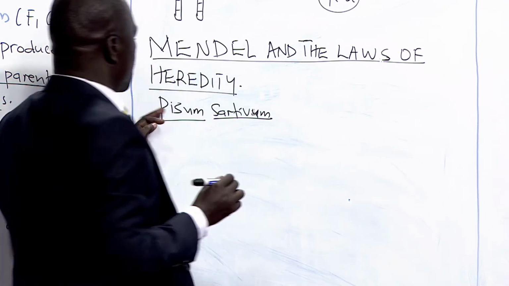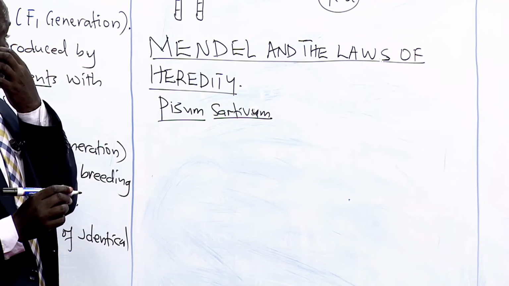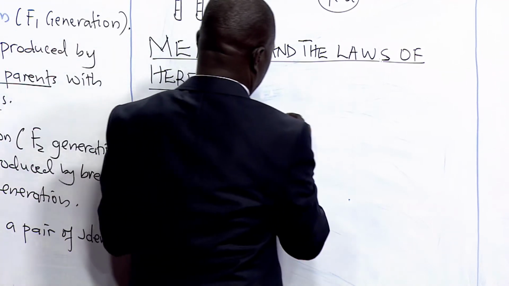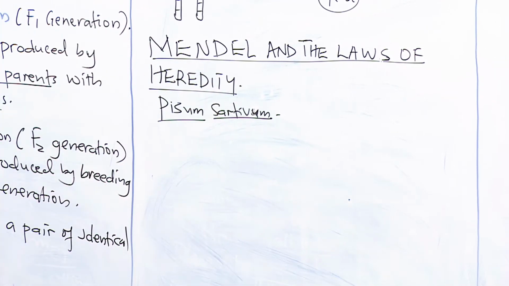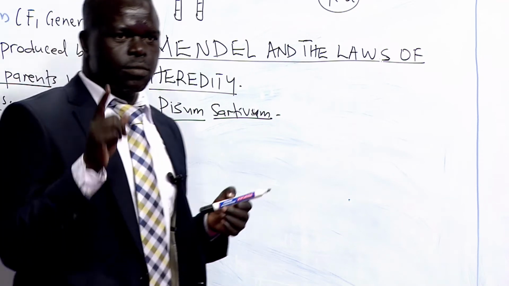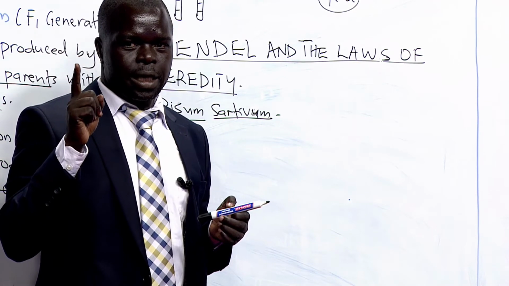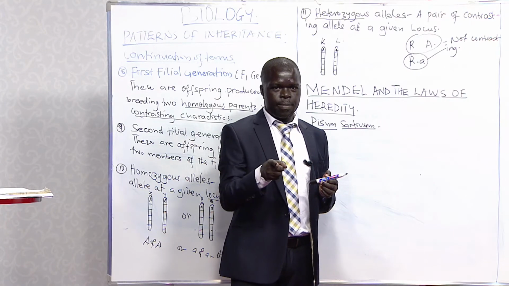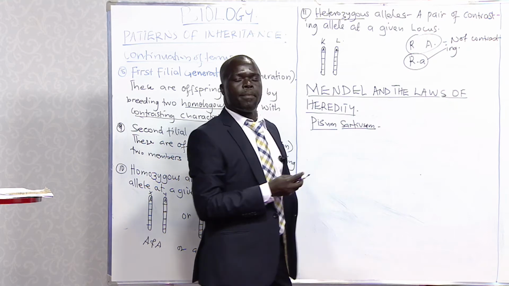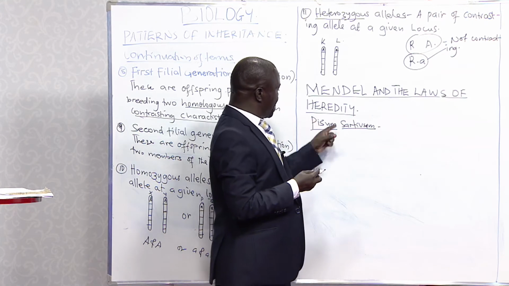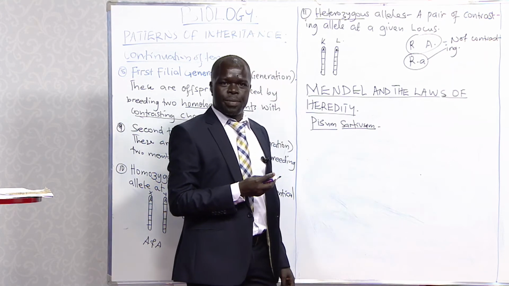This is what we refer to as kao. Mark my word. When you are told to go and buy cowpeas in the market, that green piece you see there is the seed of what is referred to as Pisum sativum. That is what Mendel carried out his experiments on.